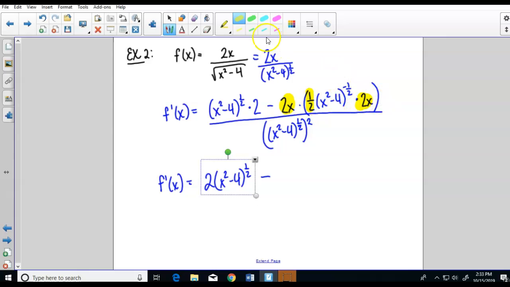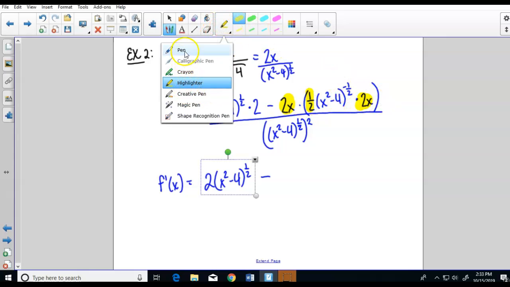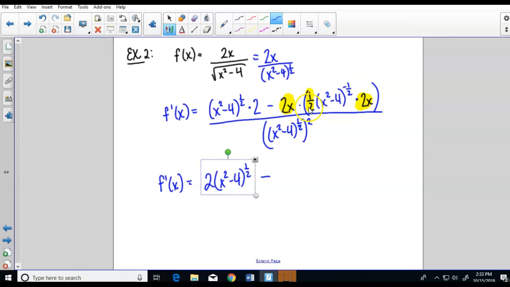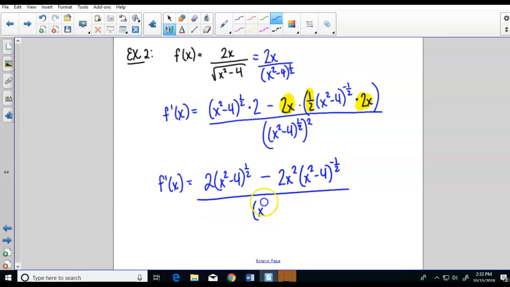We could put those things together. So that would be 2x squared times x squared minus 4 to the negative 1/2 all over x squared minus 4 to the first power. Oh, that's right.